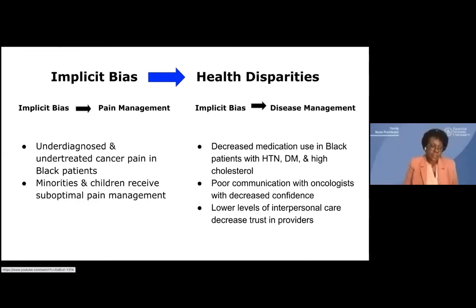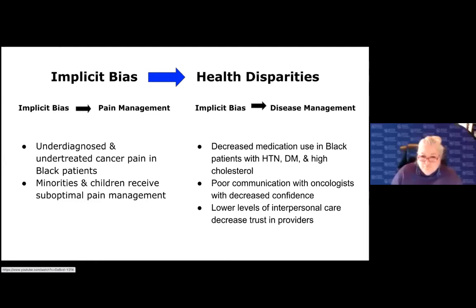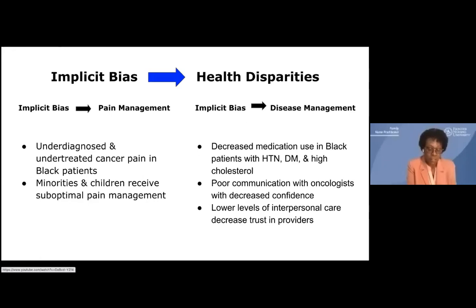I would, Dr. Chappell. We've all read an abundance of literature that talks about implicit bias as it relates to pain management and disease management. And you talked a bit about the clients with cancer. I went a little bit further. There was a study that showed that providers with high levels of implicit bias were less supportive of, and spent less time with, their patients compared to providers with lower levels of implicit bias.